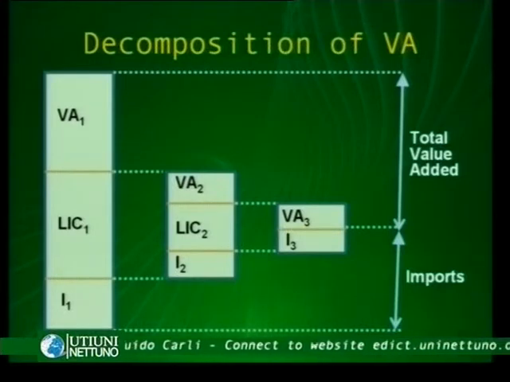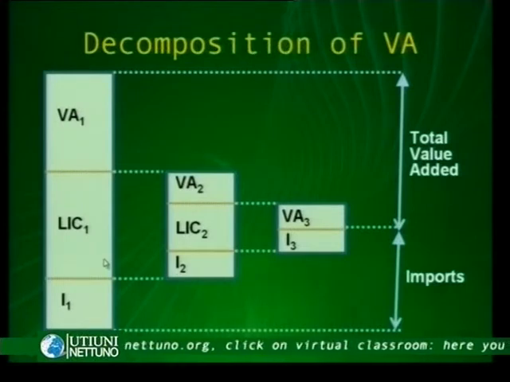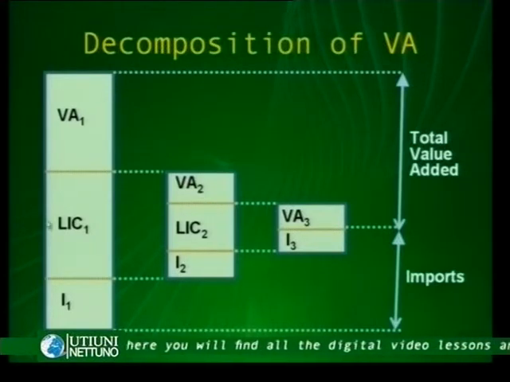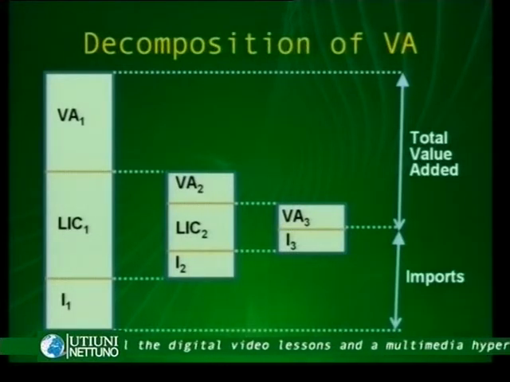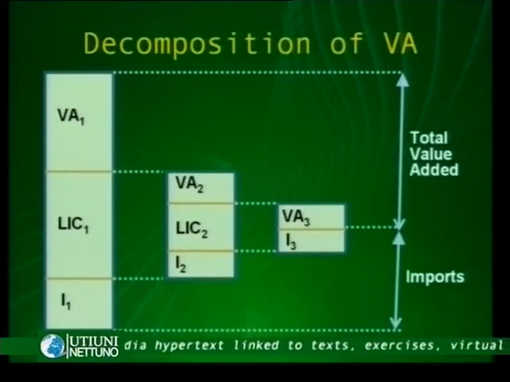Let's assume that we are analyzing the value added of a project. So here we have on the left the value added of a project. This rectangle represents the value of the output of the project. So the value of the output of the project includes, in this case, three different components. One is the value added. The other is the cost of local intermediate components that we define as LIC.